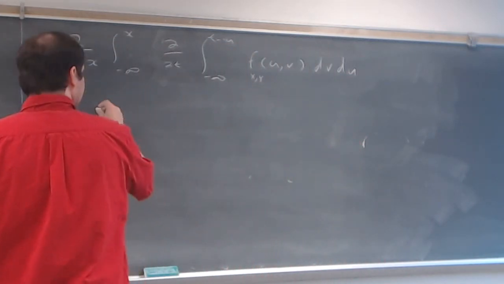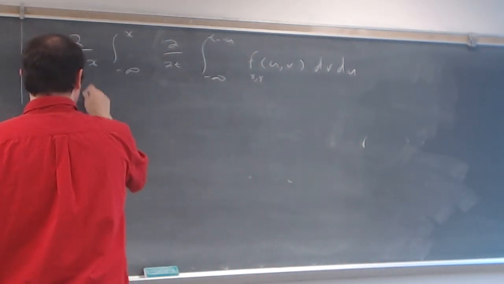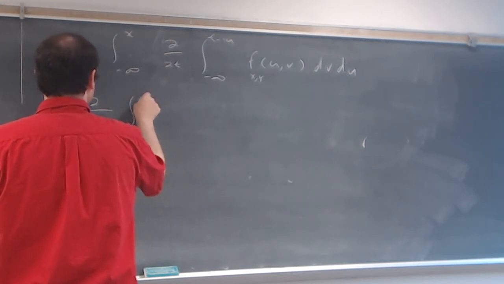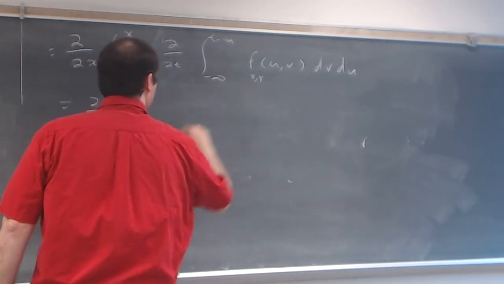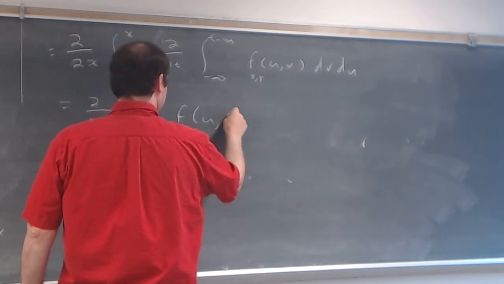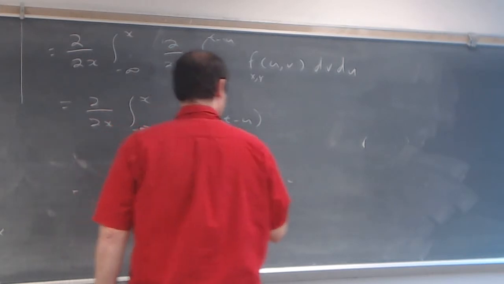The partial derivative with respect to x of this integral is nothing more than f evaluated at u, and then t minus u du.